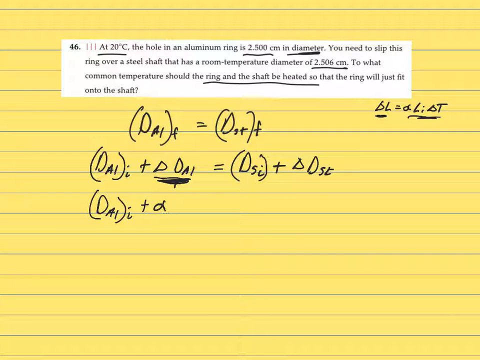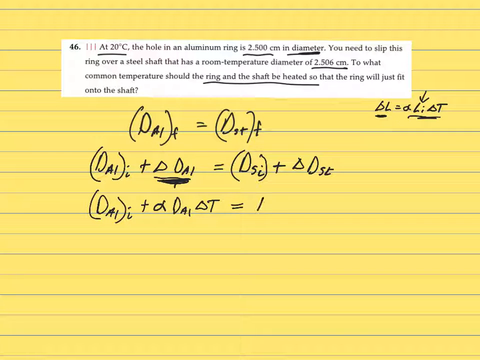So I'm going to replace that with alpha, the diameter of the aluminum, because that is the original length, and then times a change in T. That's where my change in T is going to come from.